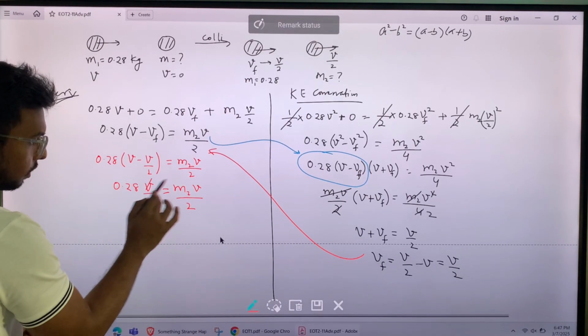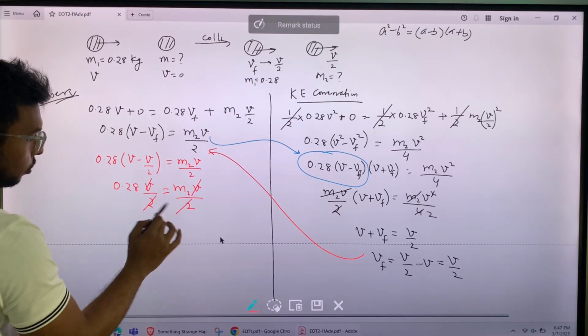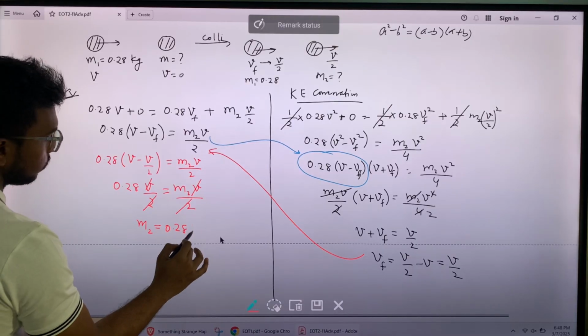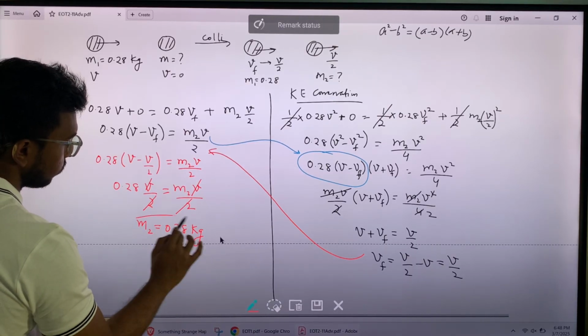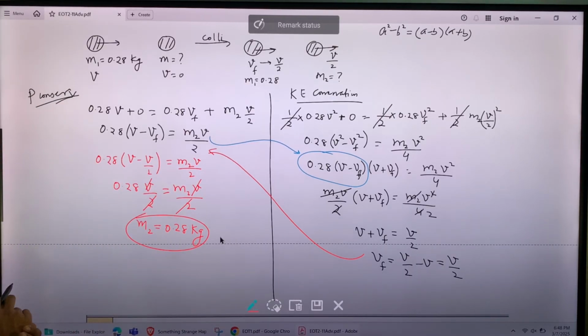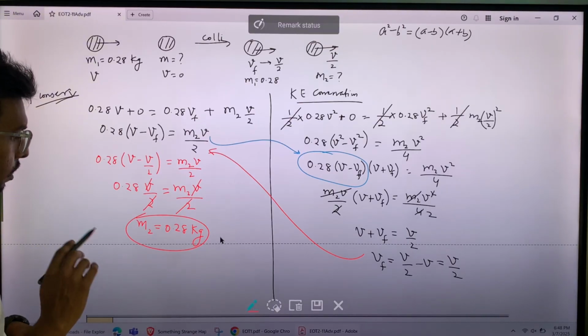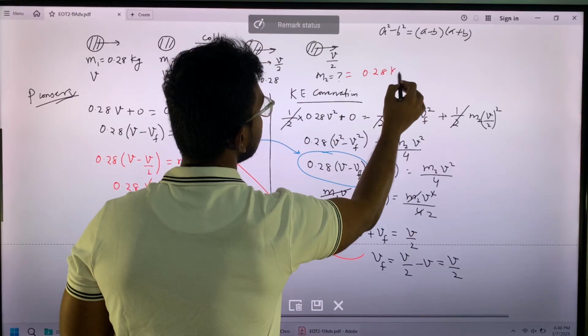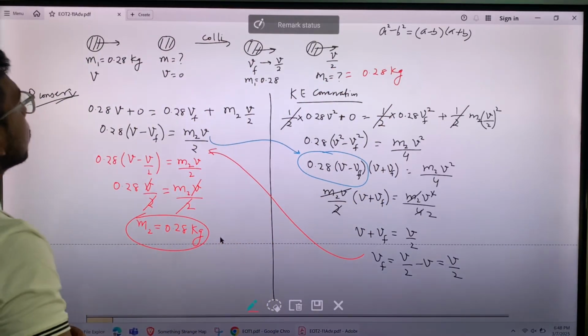This is v, 2, 2. M2 comes out to be 0.28 kilos. So the mass of the second ball becomes 0.28 kilos, which is kind of strange. That means it is exactly the same.